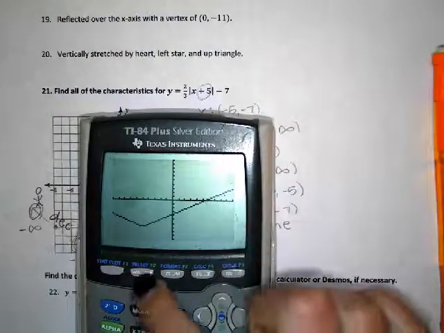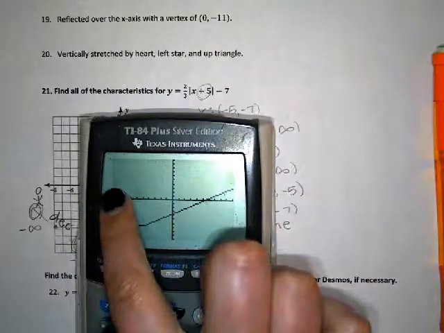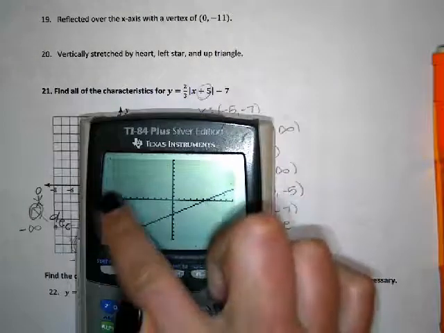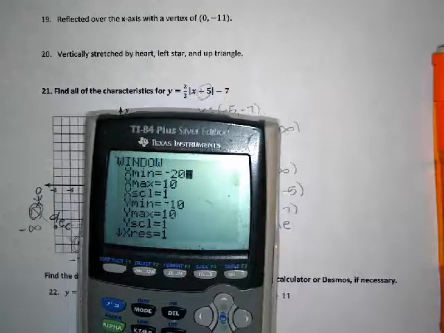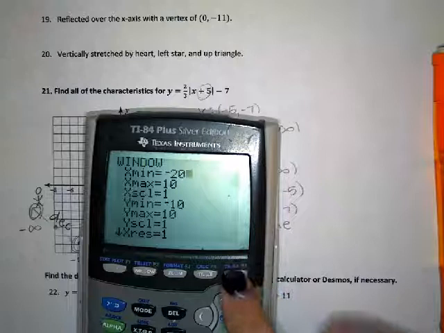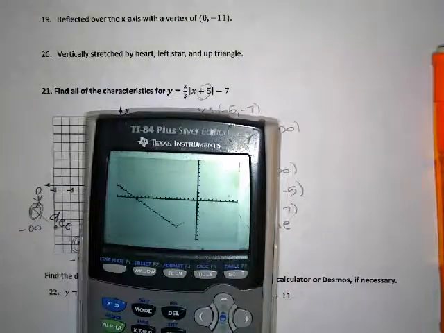So I need more x minimum values. I'm going to type -20, just to make sure it's plenty big enough. There we go.